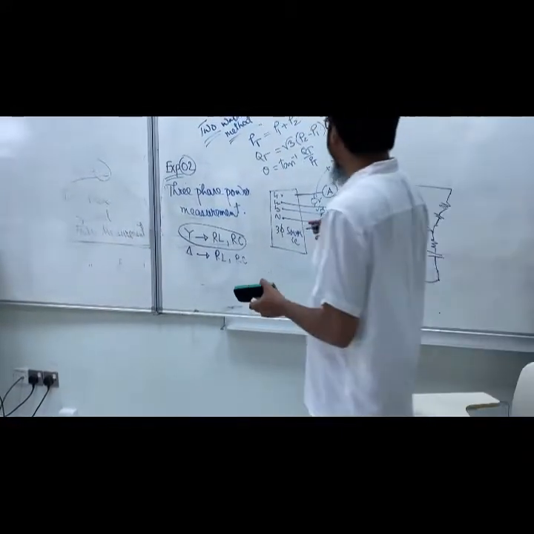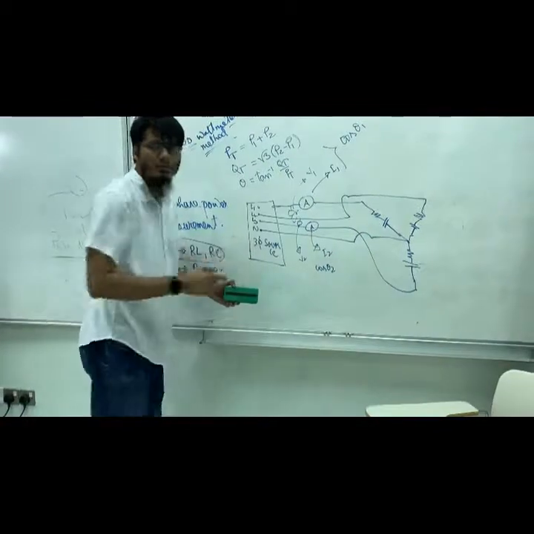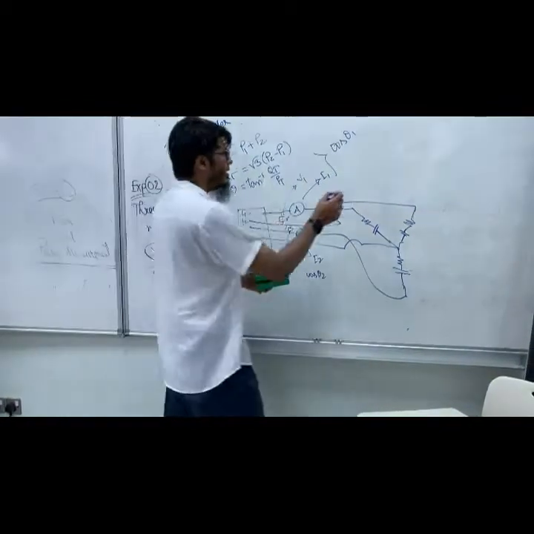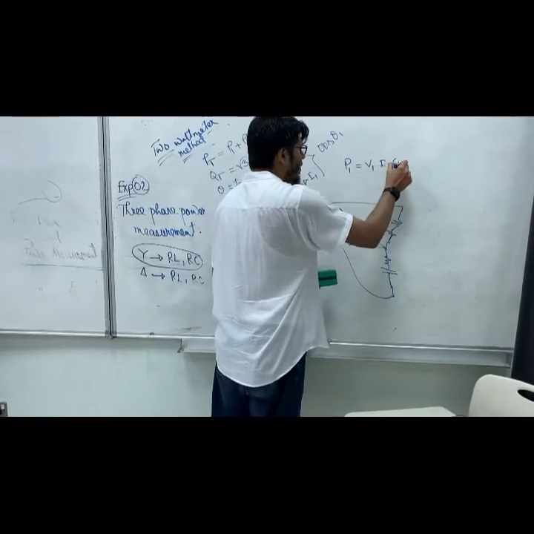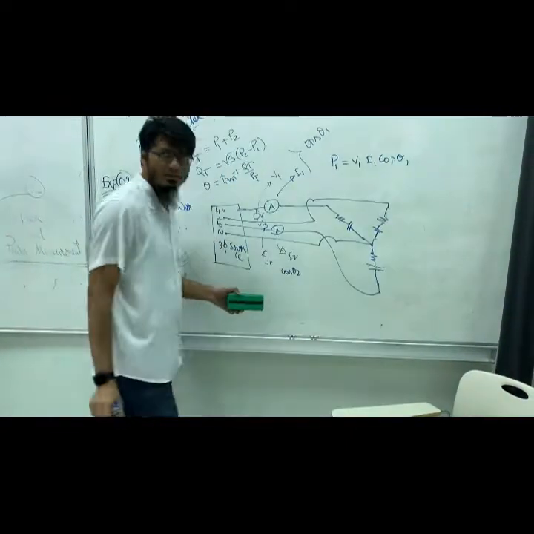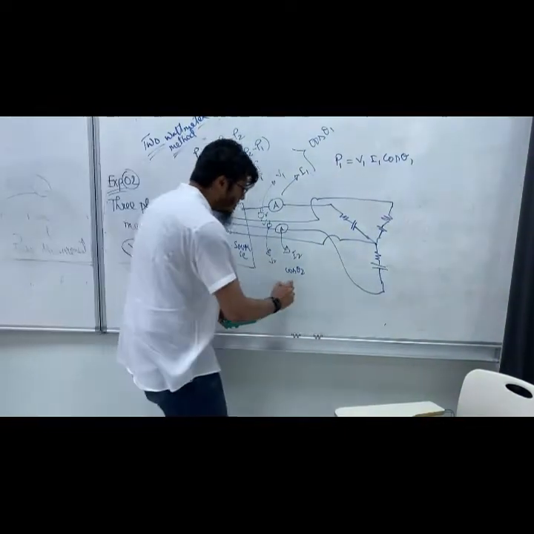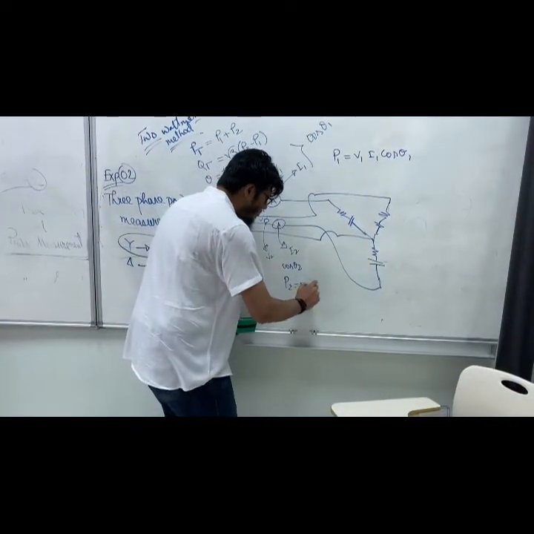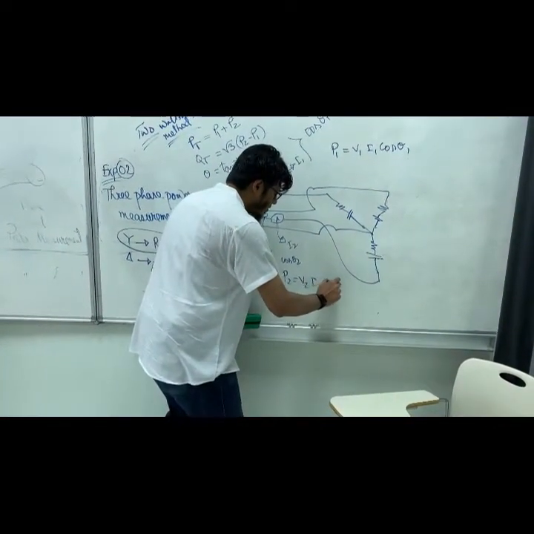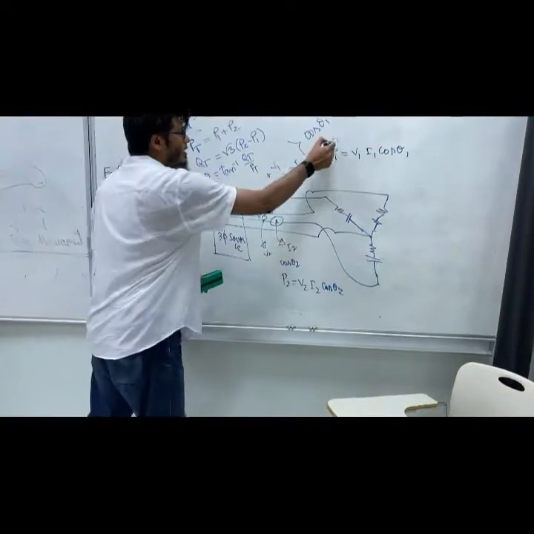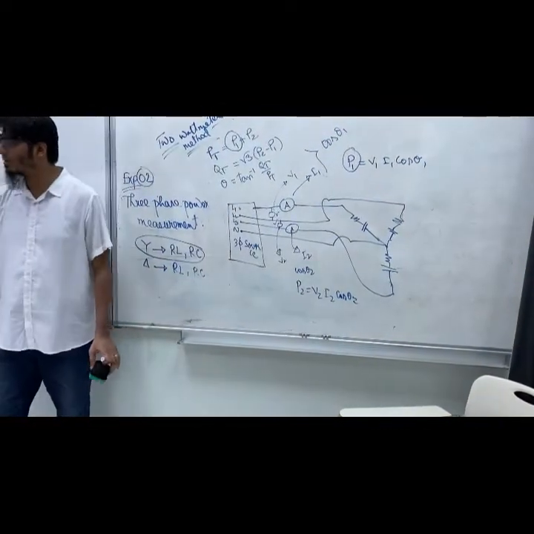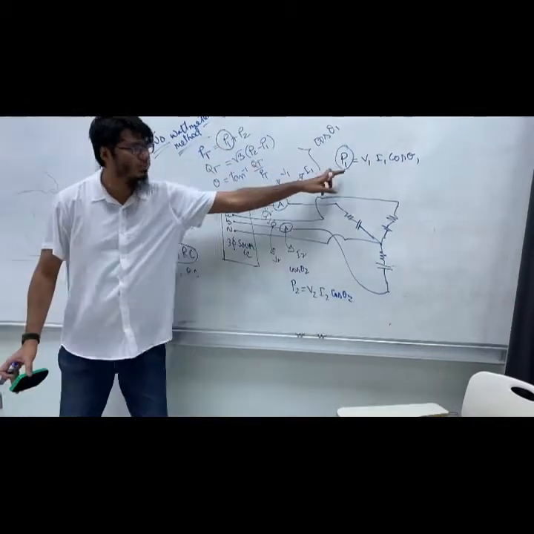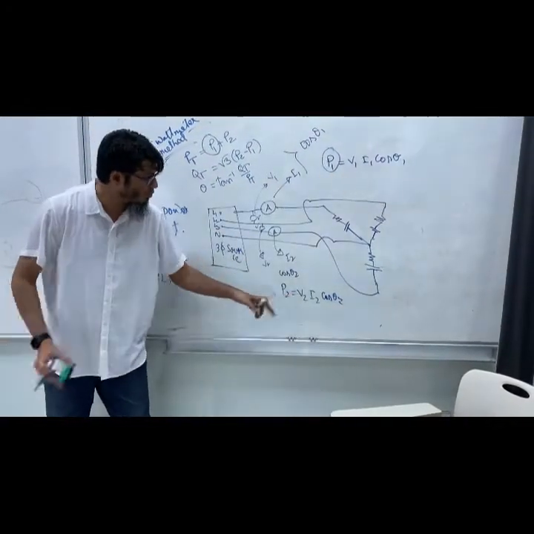It's very clear that from these we can measure the power. P1 equals V1 I1 cos theta 1, and from here we can measure P2, which is V2 I2 cos theta 2. So this P1 is this P1, are you with me, guys? And this P2 is this P2.